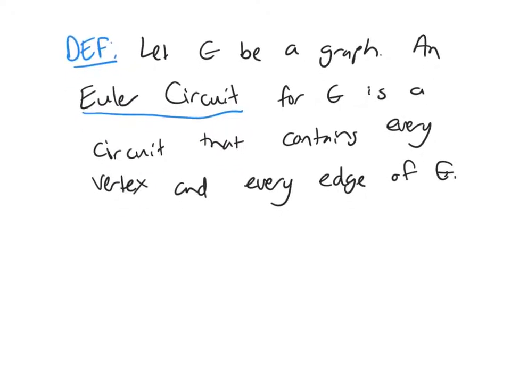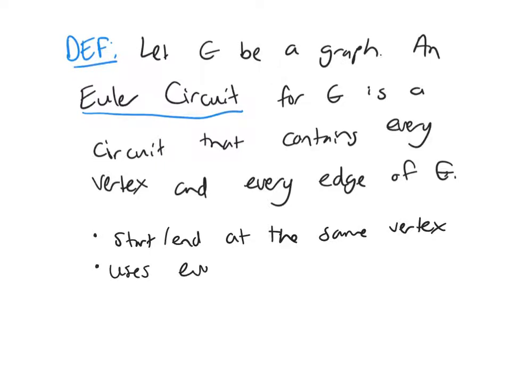So just to remind you what this all involves, this needs to start and end at the same vertex in order to be a circuit. It uses every vertex at least once.